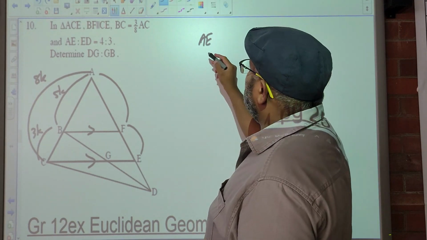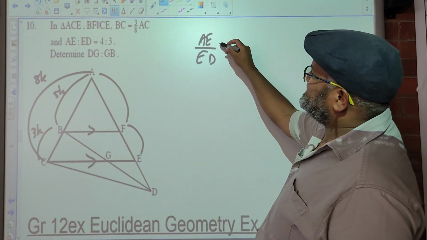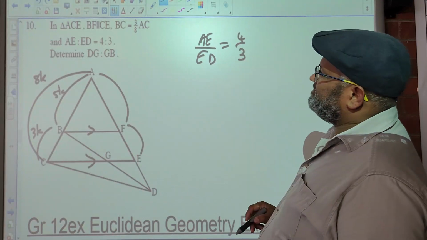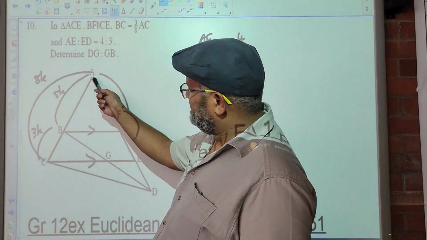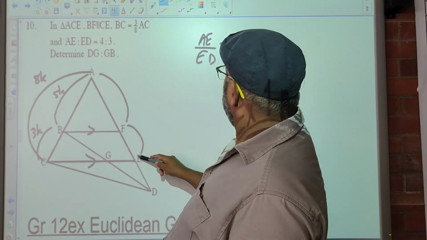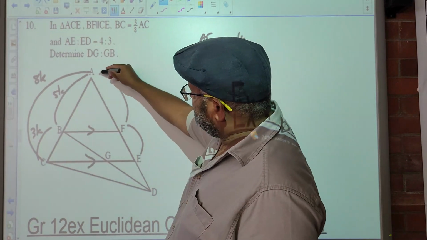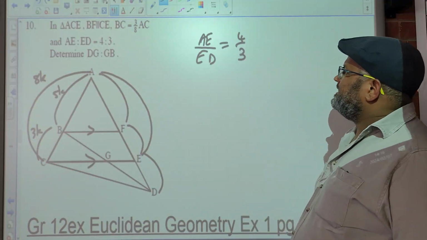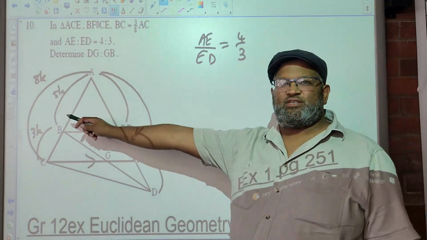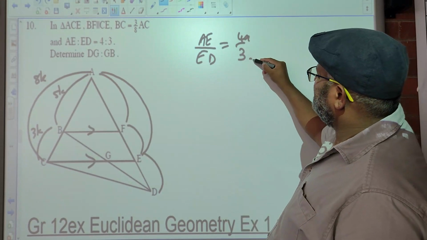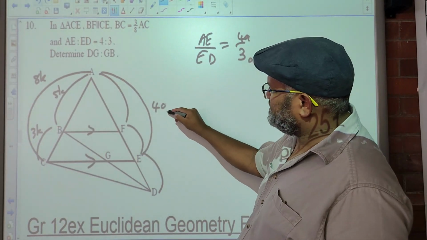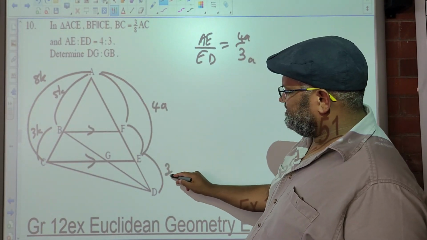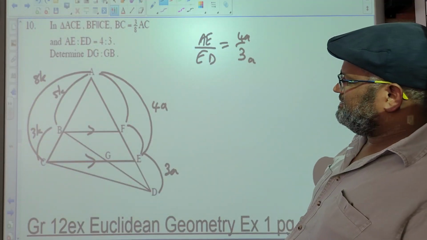So AE over ED is the same as 4 over 3. So AE over ED, this length here over ED. Now remember we used k. So what are we going to use now? A. So it's going to be 4A is to 3A.